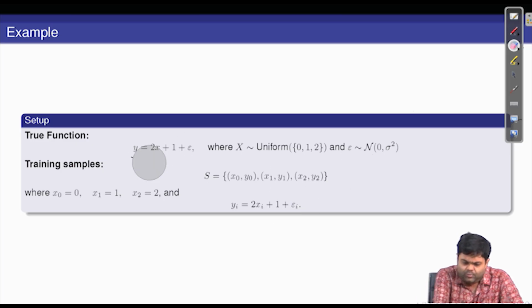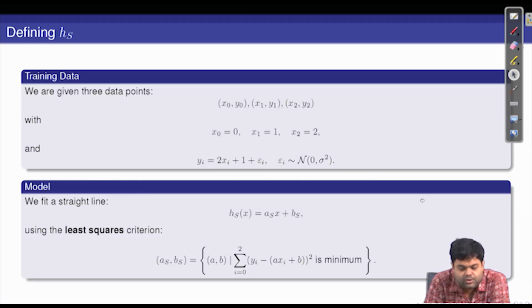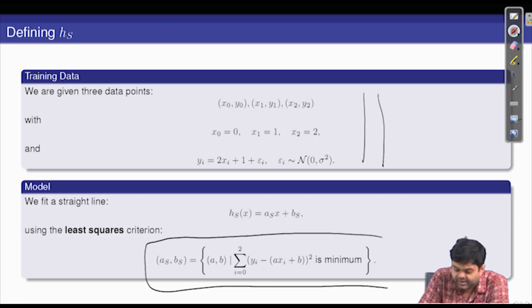So now when we are getting into the modeling business, you are given 3 data points and you have this information. Suppose you fit a straight line which follows the least square criterion.